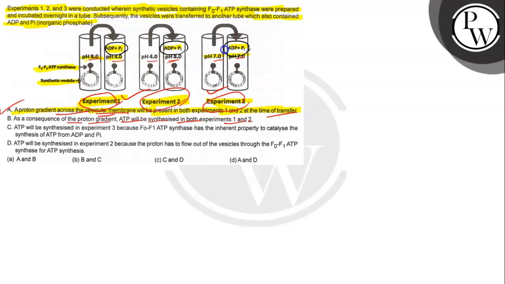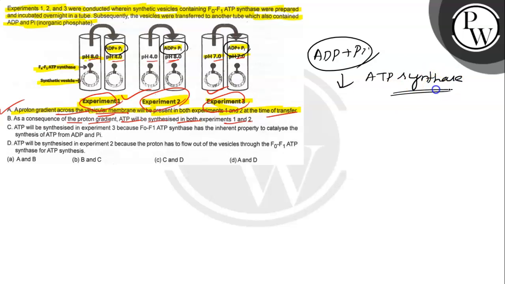So when we combine ADP with inorganic phosphate in the presence of ATP synthase, this is the F0, F1 particle, and with the different proton gradient there will be formation of ATP. ATP will be synthesized in all the experiments, experiment 1, 2 and also in 3. So this one is wrong.